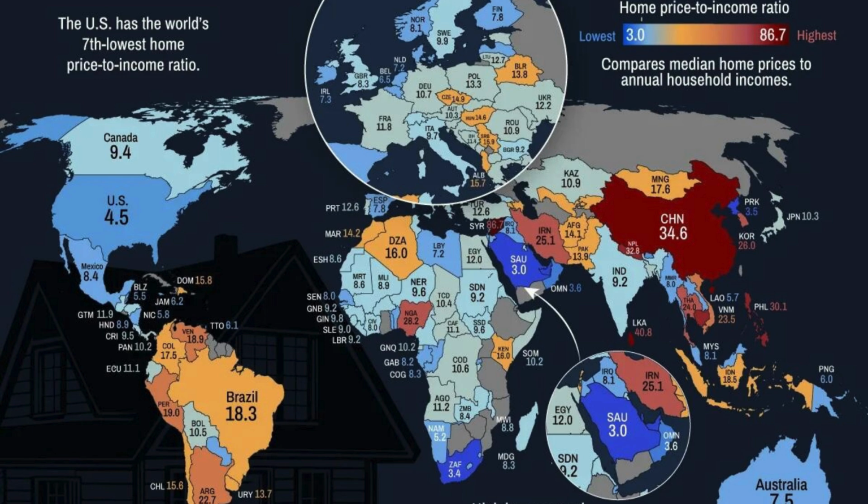You want to stay in a mansion, especially in America, man, 6,000 a month or more. You want to stay in a super mansion, that's going to cost you 10 months.